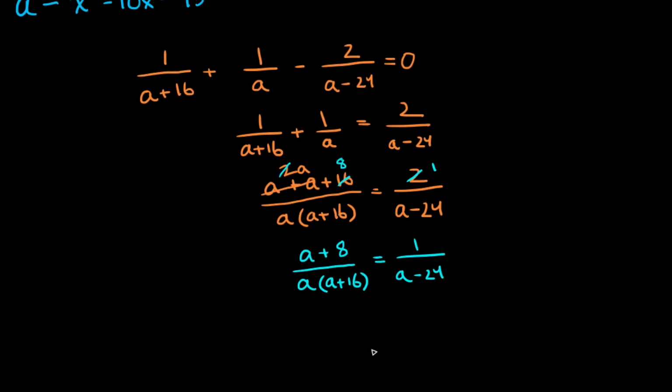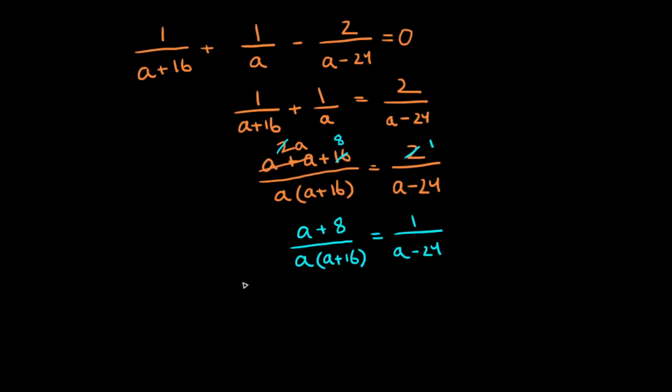So that'll give us a minus 24 times a plus 8. That'll give us a squared minus 16a minus 192. On this side, we'll have a times a plus 16 times 1, which is simply a times a plus 16, which is a squared plus 16a.